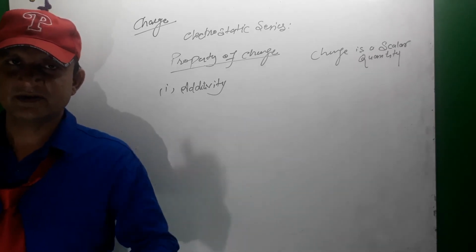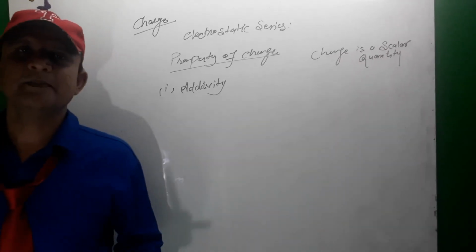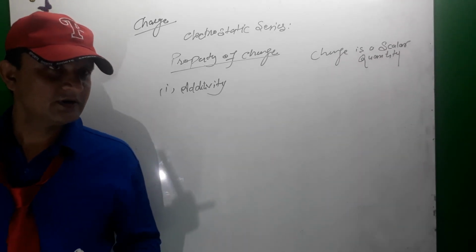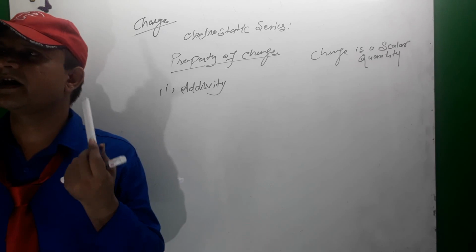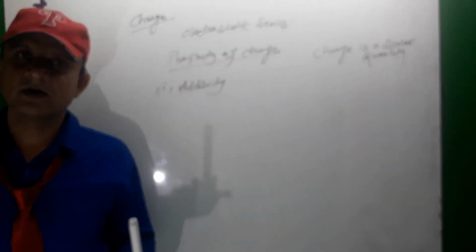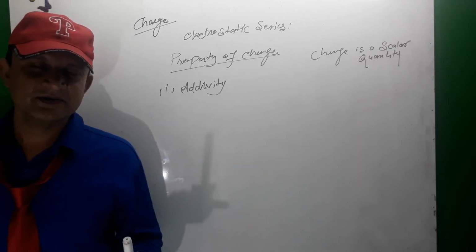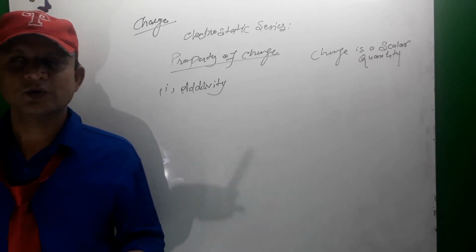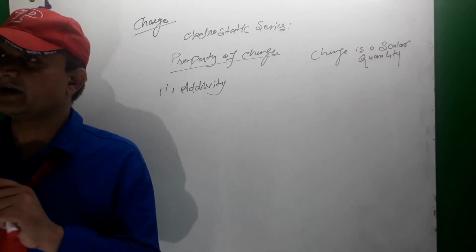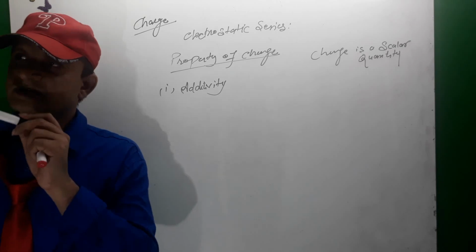In this way, another person asks you what is the time by your watch. You say it is 3 o'clock, it is 5 o'clock. You never say 3 o'clock in the north direction, 5 o'clock in the south direction. You never tell him about direction. So when direction is not involved in your fundamental work, you are working on a scalar quantity.